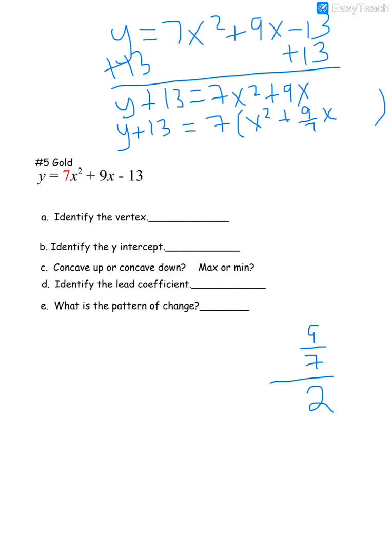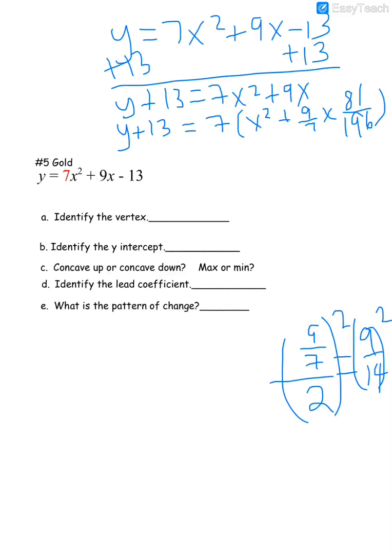So it's 9/14 is what it's equal to. So I'm basically going to square that. I haven't even squared that yet. Oof, okay. So when I square that, 9 squared is 81. What's 14 squared? 14 squared is 196.